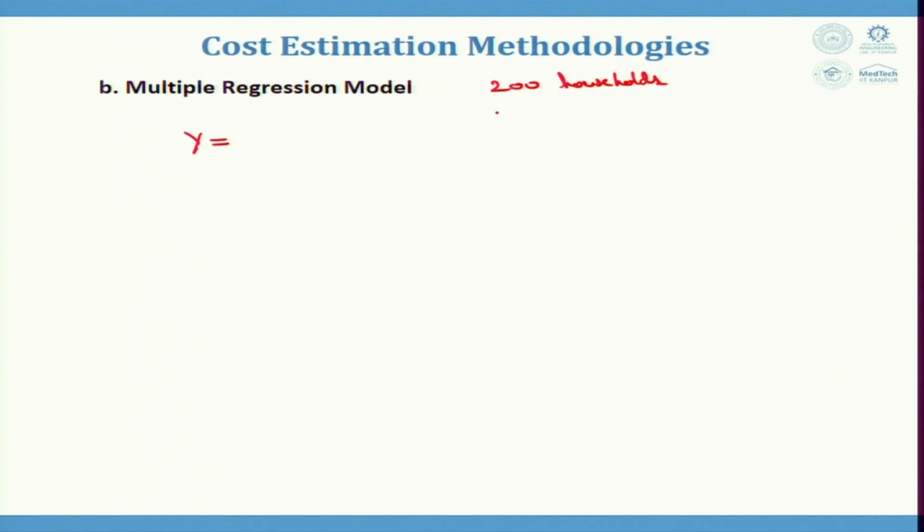and income level of 4 units. That means this is my x1 value, this is my x2 value. So, here y is equal to 10,000 plus B1 is 5,000 into 200 plus B2 is 1,000 into 4.